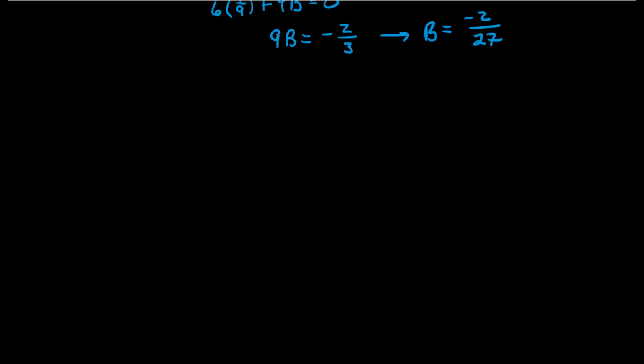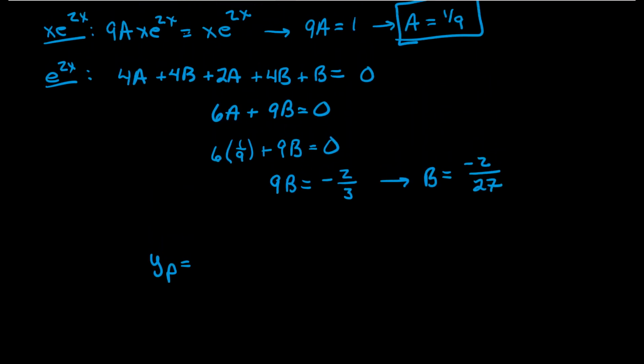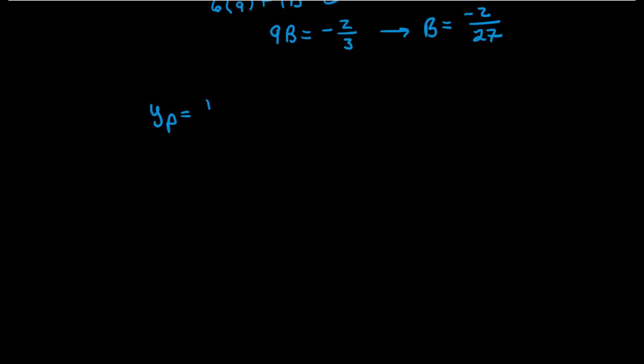So our particular solution in this case looks like it's going to sort out to be our a value, 1/9 x e to the 2x, plus our b value, which is a negative 2/27, e to the 2x.